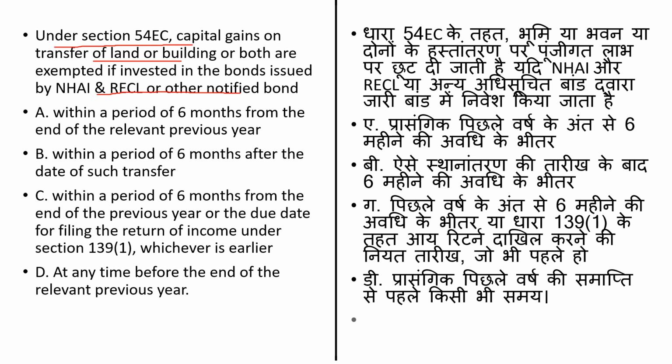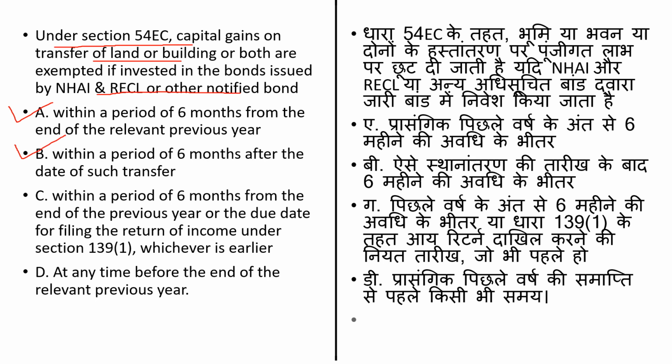The investment in the long-term specified asset by the assessee during the financial year cannot exceed 50 lakh rupees. For this, the options given are: first, within the period of 6 months from the end of the relevant previous year. Second, within the period of 6 months after the date of such transfer.